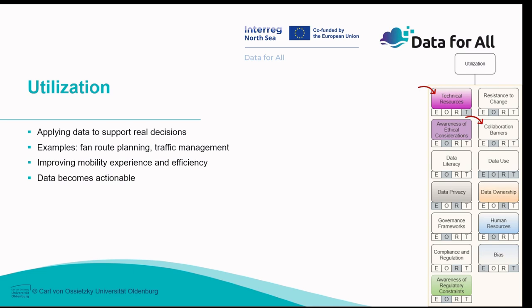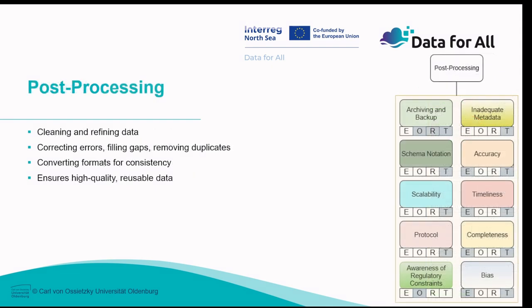In Kiel, on match days, the city needs cloud servers, APIs, and experienced developers to bring all mobility data together and support fans' travel planning. Without these technical resources, combining data from many sources would be very hard, and the system wouldn't work well.